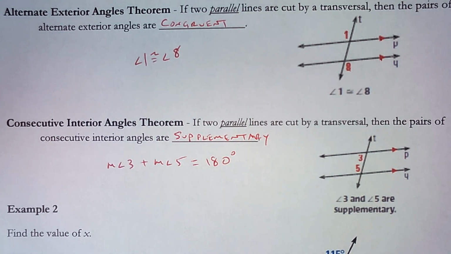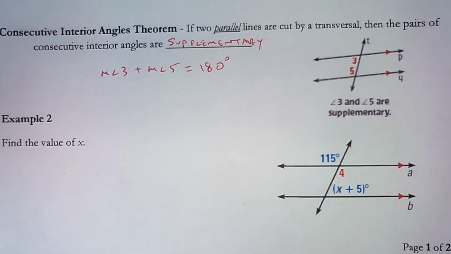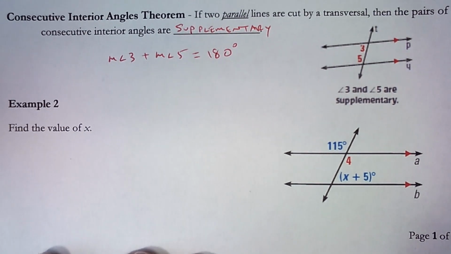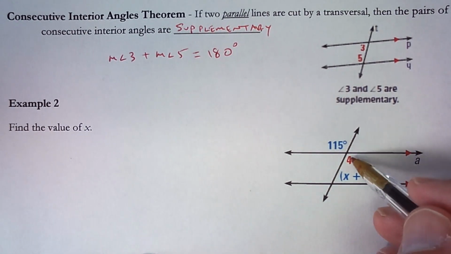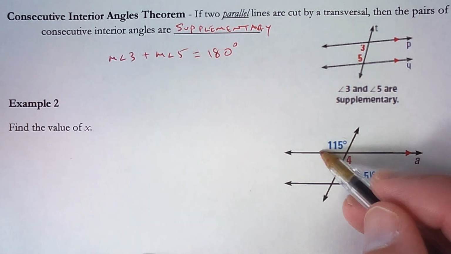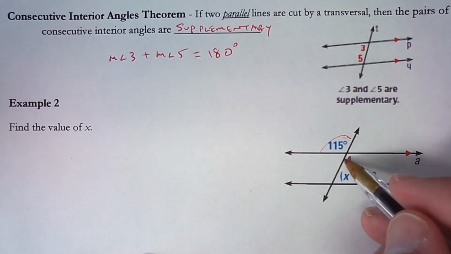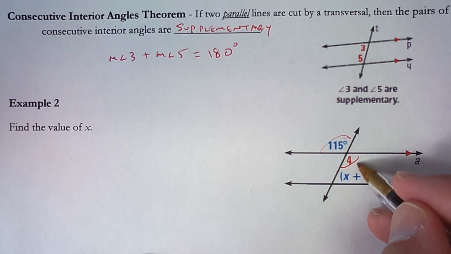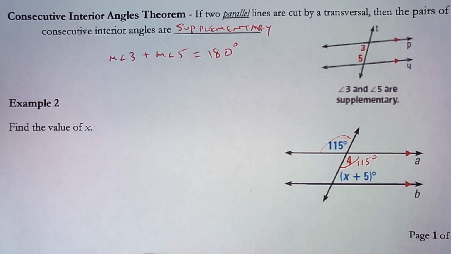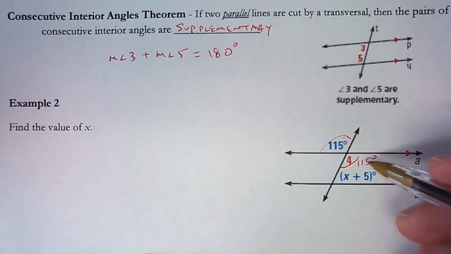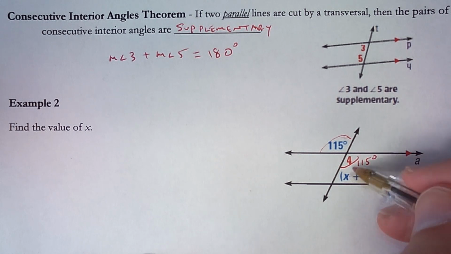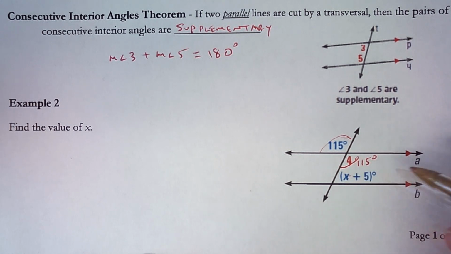Okay, now find the value of x. Okay, so this angle right here is 115 degrees. That means that this vertical angle here is also 115 degrees. And what I'm looking at here is a pair of consecutive interior angles.